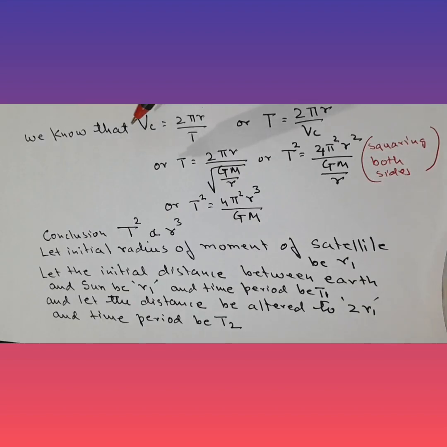We know the formula for critical speed is 2 pi r upon t, where r is radius and t is time period. Or t can also be written as 2 pi r over vc. Now we know critical speed is also root of GM upon r. So we substitute there, and we get t is equal to 2 pi r upon root of GM upon r.